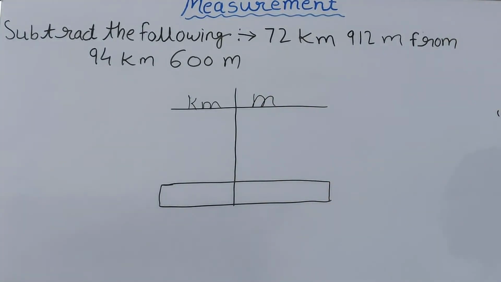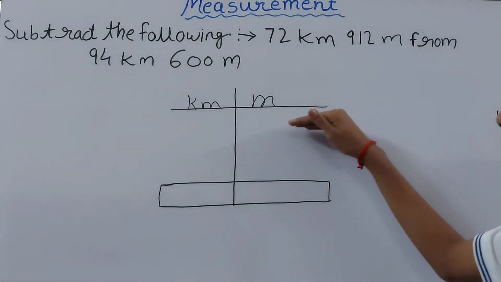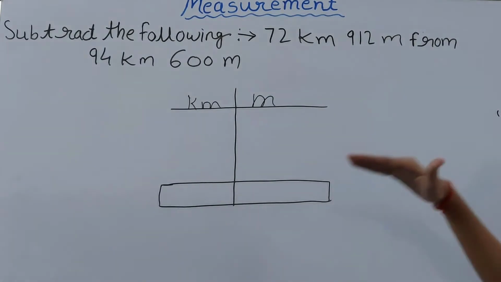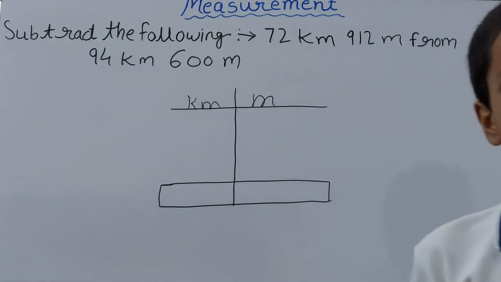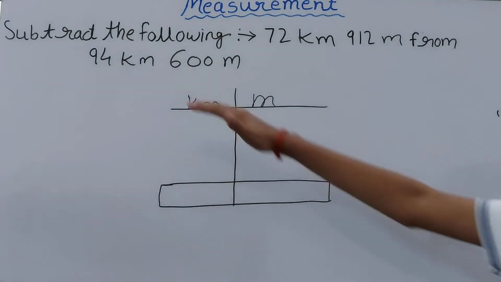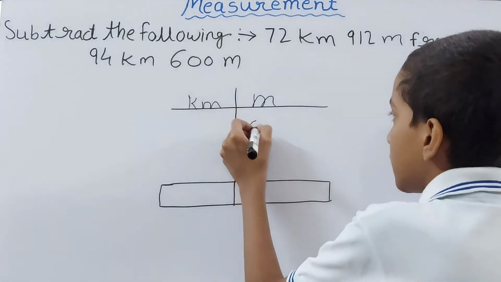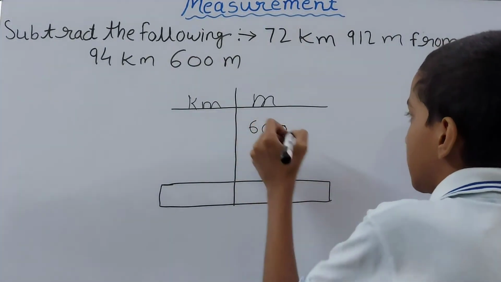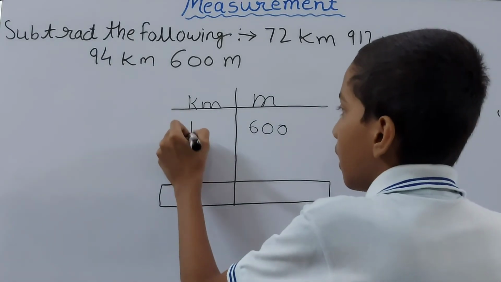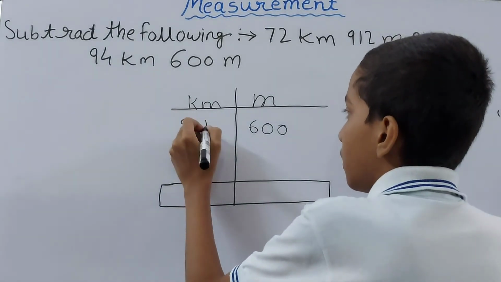Friends, as I told you, in subtraction the rule is that the bigger number should be up and the smaller number should be below it. Then only we can subtract. So the bigger number here is 94 kilometers and 600 meters. So let's write this. First 600 meters and here 94.